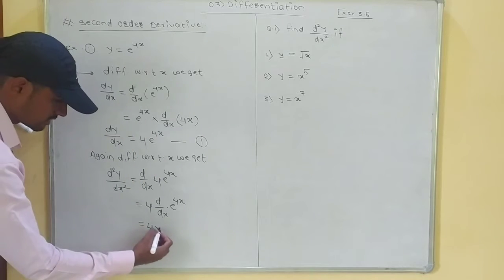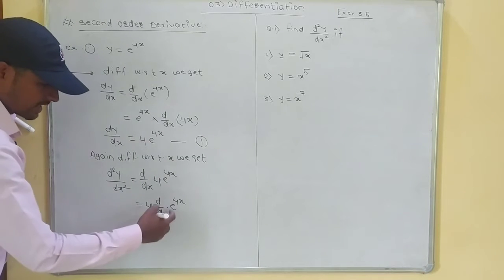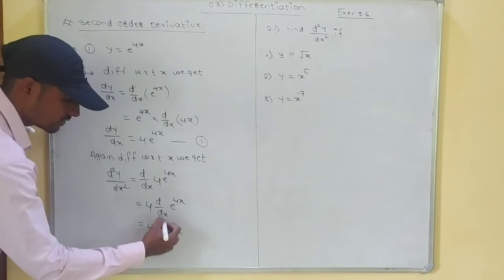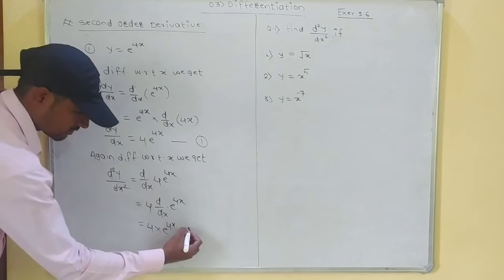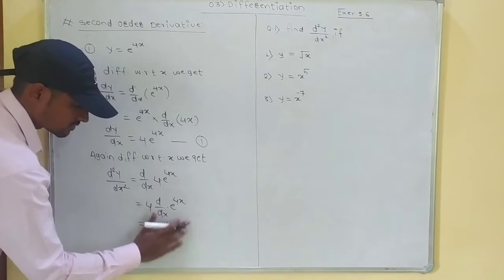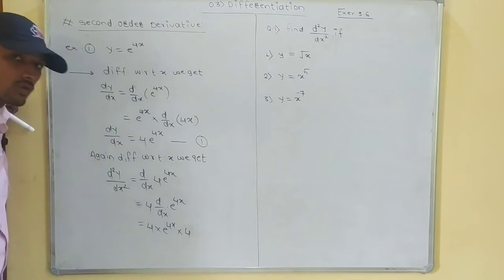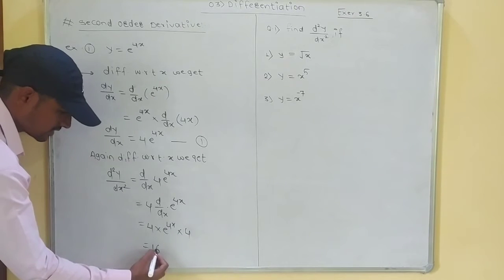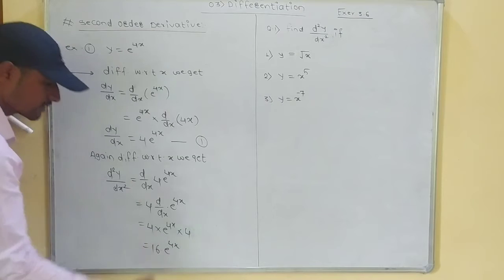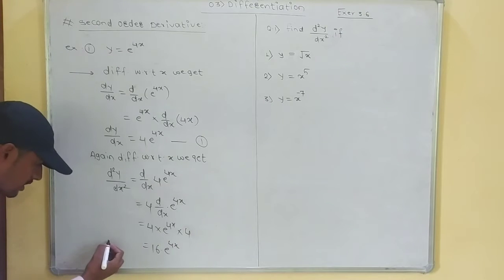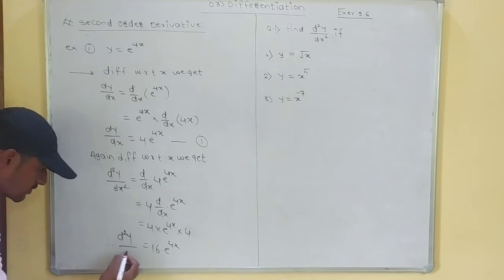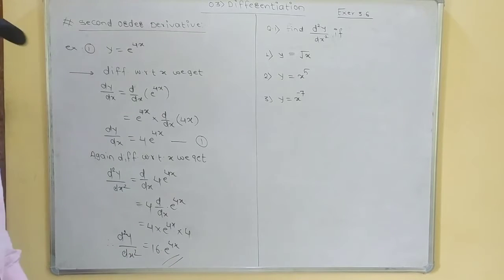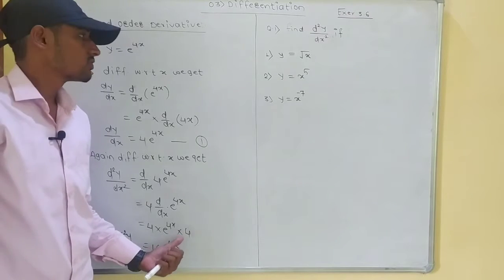So this is 4 as it is, and the derivative of e to the power 4x is e to the power 4x into derivative of 4x, which is 4. So directly we can write here 4. Now this will become 4 into 4, 16, into e to the power 4x. So this is the second order derivative of the given function. So d square y by dx square is nothing but 16 into e to the power 4x.